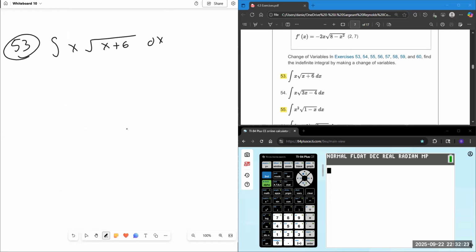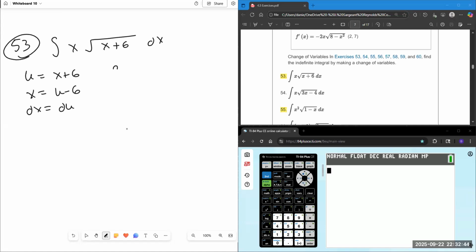So I'm instead going to make a substitution where u is equal to x plus 6. I'm going to solve for x in terms of u. x is equal to u minus 6. And then I want to find dx. So dx is du in this case.